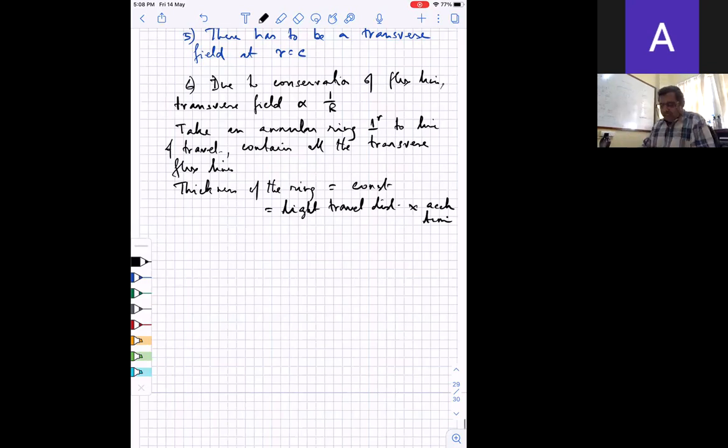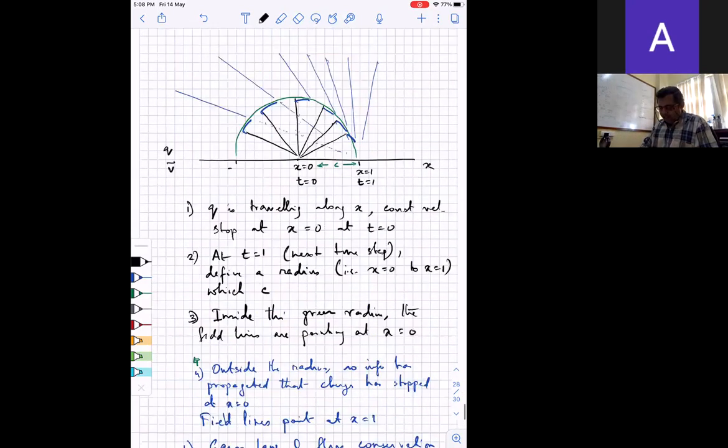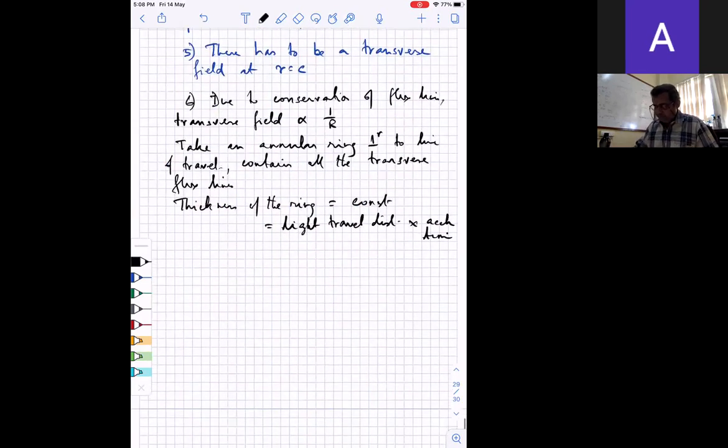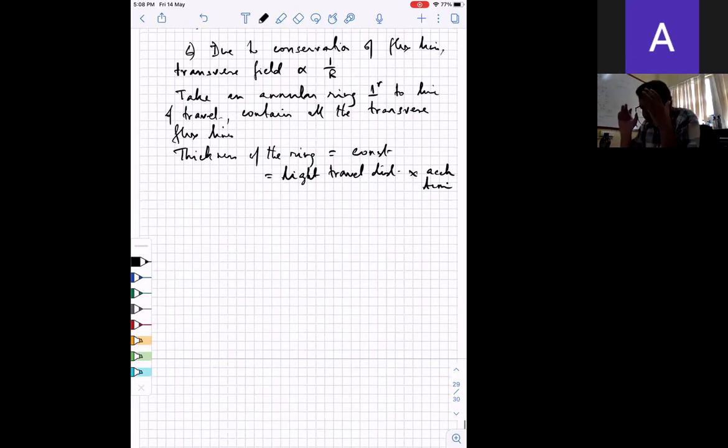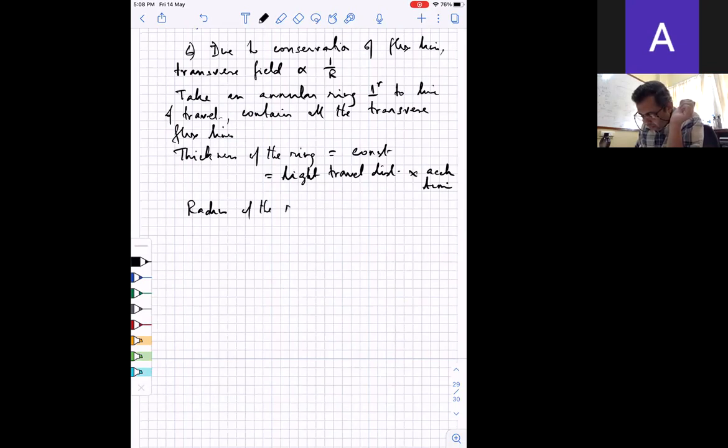So instead of x equal to 1, you can do x equal to 2. The thickness will still be the same. Now, the radius of the ring is proportional to r.